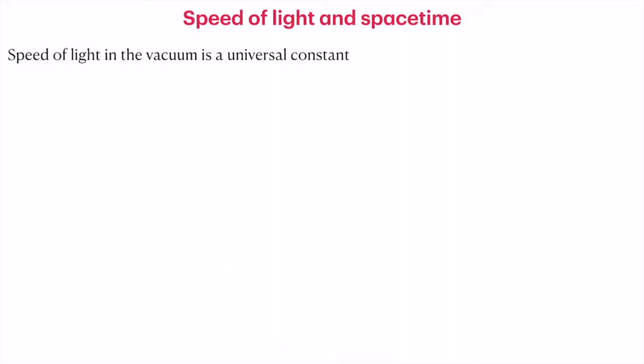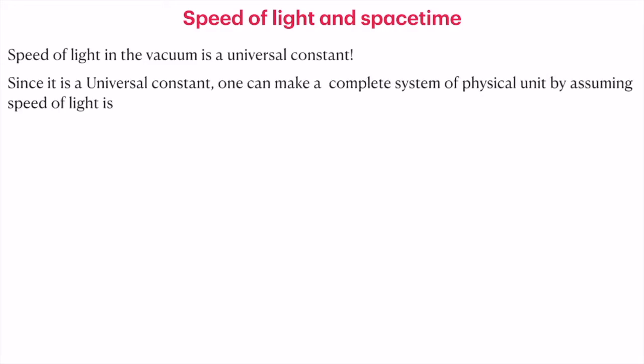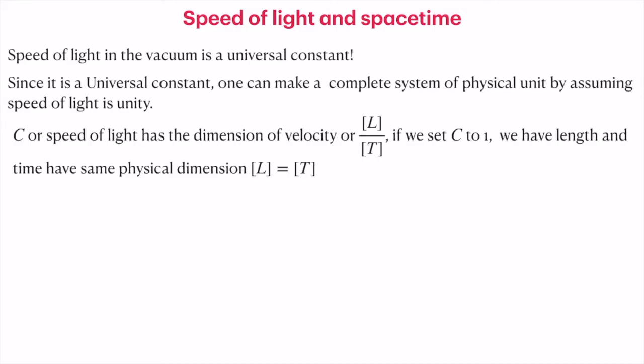The basic takeaway from the formulation of the special theory of relativity is that the speed of light in vacuum is a universal constant. So it is often convenient to take the speed of light to be 1. When you do theoretical calculations, you can set the speed of light to be 1. Speed of light has dimensions of velocity, that is L by t.